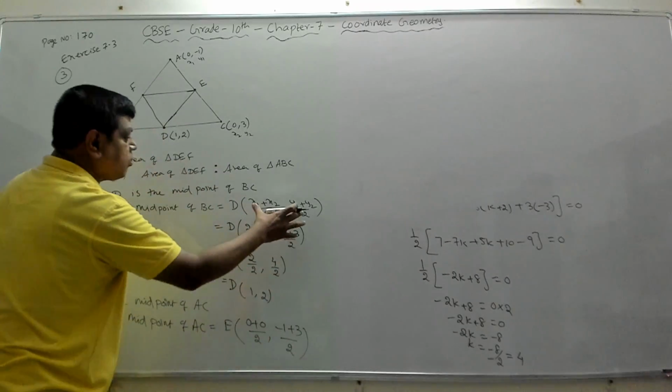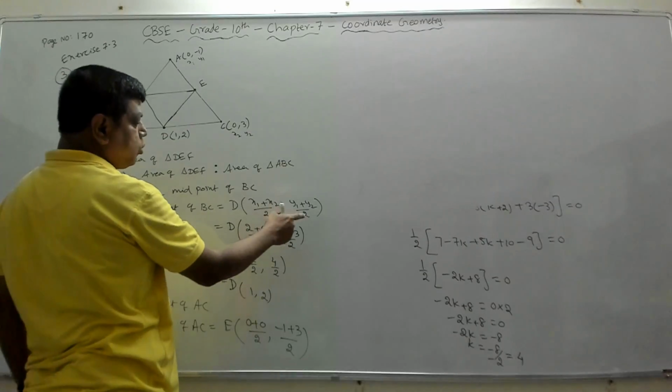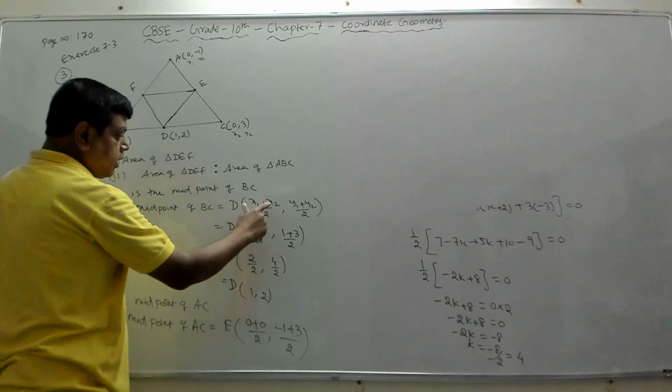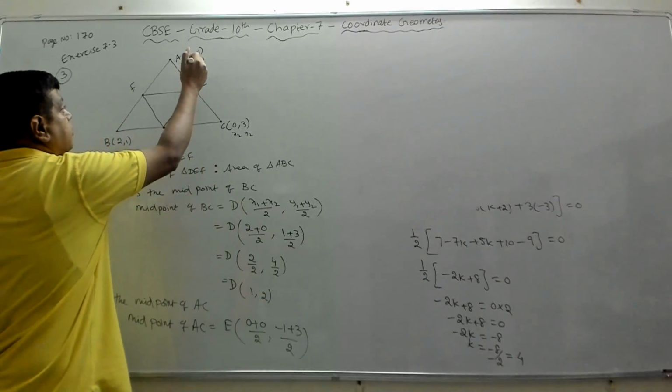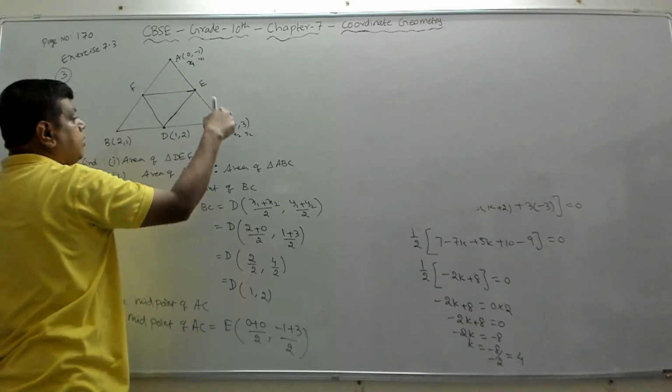So this is your midpoint formula. If you know 2 points and want to find the midpoint of the given 2 points, this is the formula. Since we are trying to find the midpoint of these 2 points, we take one as x1, y1 and the other as x2, y2.